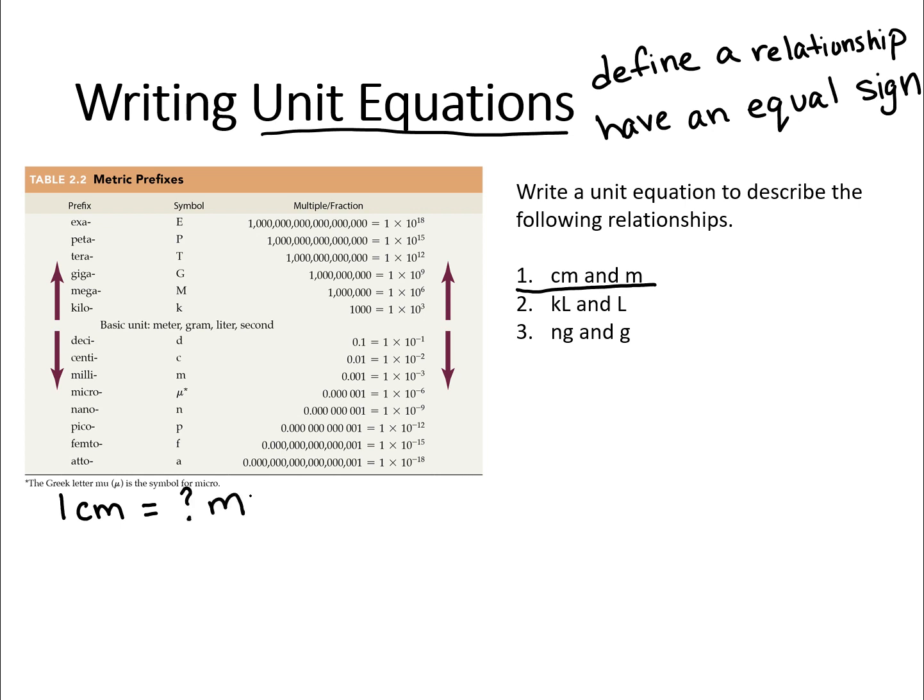That's one way of setting up a unit equation. Yes, I wasn't even asking for the answer, but yes, that's the answer. So let's figure out how we get there. You can look at the table and say, oh, okay, a centimeter is equal to 0.01 meters, right?